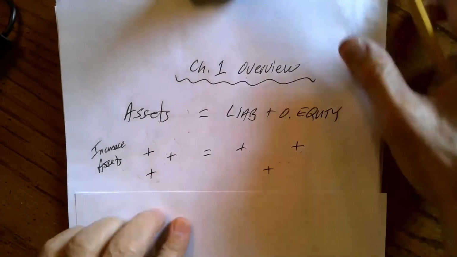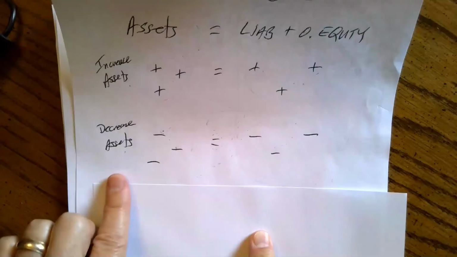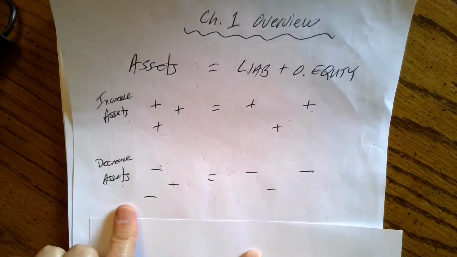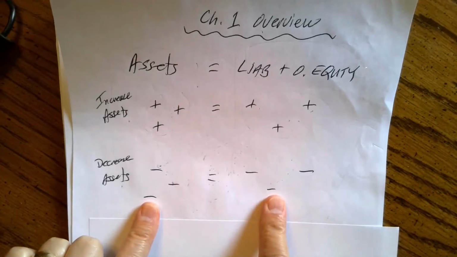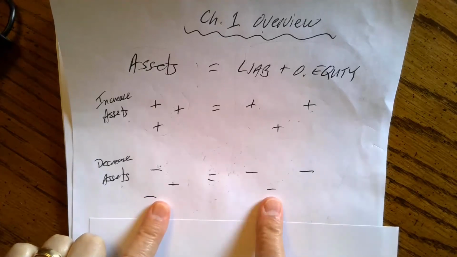Plus, plus. Likewise, as assets are decreased in total, the graphic of Chapter 1 showed them going down with the minus sign and showed a reduction in the accountability side, the right-hand side. Possessions go down, claims on those possessions must also go down.